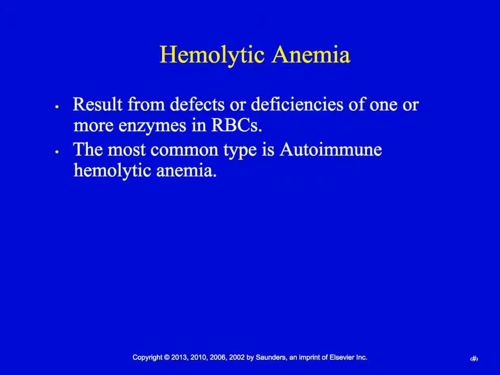Since it is autoimmune, they try to treat it using an immunosuppression medication, such as a steroid. Sometimes a splenectomy can help with the immunosuppression. Sometimes they have to go to chemotherapy drugs, which are immunosuppressant as well. So it can be managed, but it is something they will have to treat lifelong.